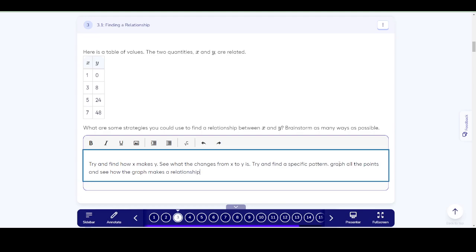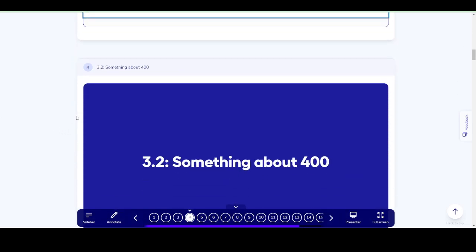Okay, so a lot of things that we can do here. So we can try and find how x makes y, see how it changes from x to y, try and find a specific pattern, stuff like that. So on, so on. There are plenty of other answers on there.